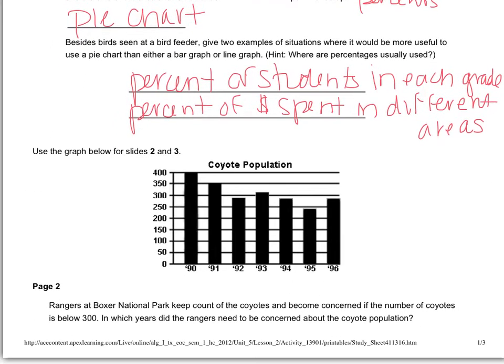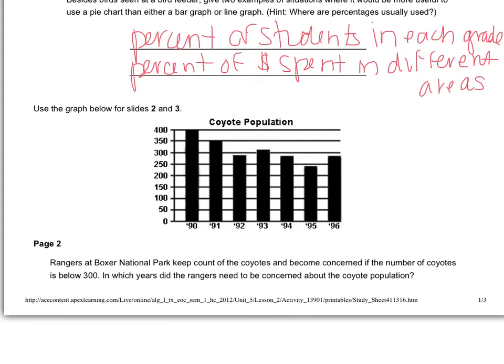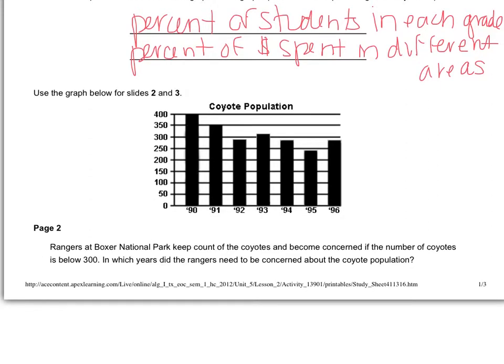So it says to use this graph for the next couple questions. So we have the coyote population starting from 1990 to 96. It says rangers at Boxer National Park keep count of the coyotes and become concerned if the number of coyotes is below 300. In which years do the rangers need to be concerned about the coyote population? Well, they said they were concerned when it was below 300.